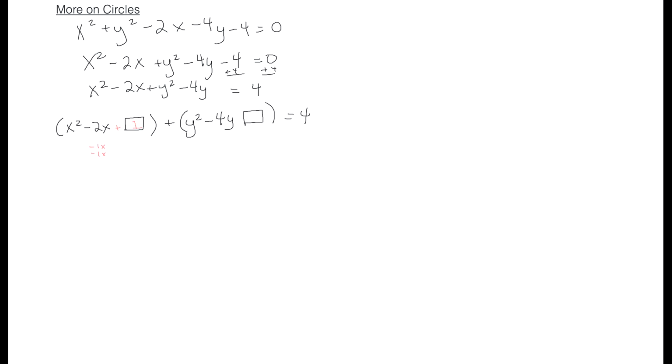Y squared minus 4y: remember I said you divide the middle term, the term with the y, in half, and then square it. This is going to be plus 4.